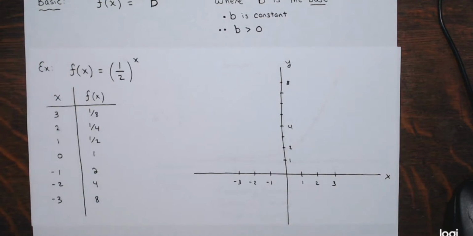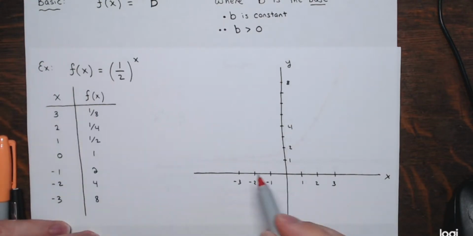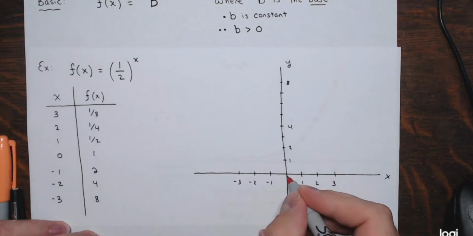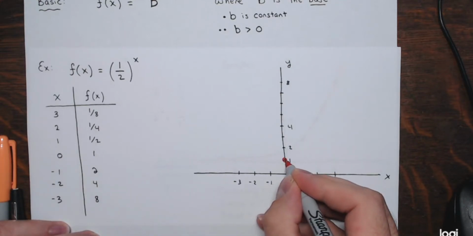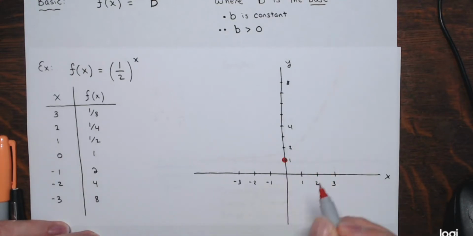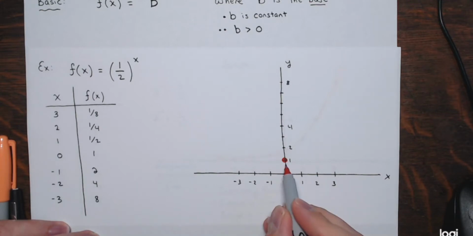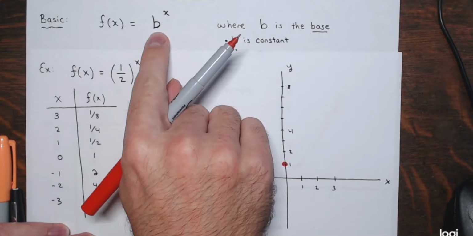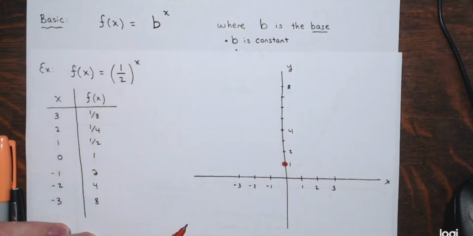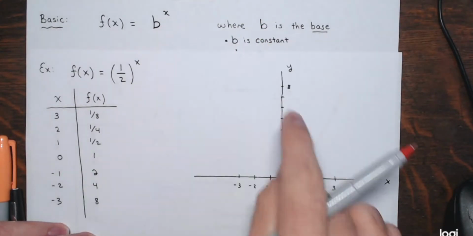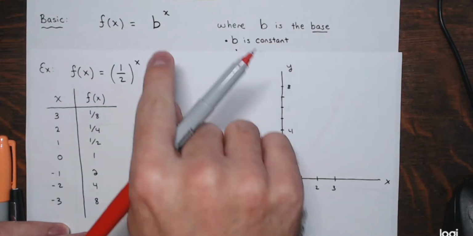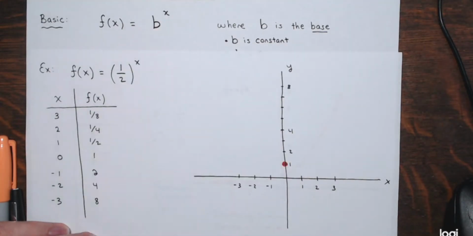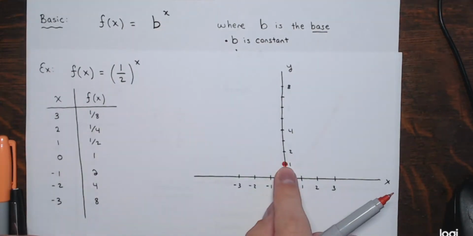And let's plot some points that we plotted here. First I'm going to go 0, 1. You'll notice that that point is on any exponential function y equals just simply a number to the x power. Now, if it's more complicated, this might not be on the graph, but on the basic b to the x function, the point 0, 1 is on it.